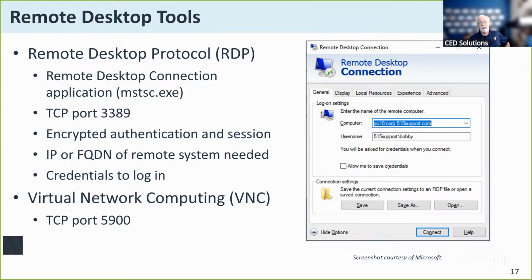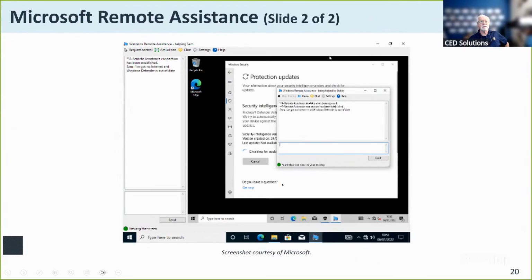When I take control of that system, it displays a screen for me. It looks much like this. Okay. So inside of this window on the right-hand side here is the user's desktop. Now, if I'm going to log into their desktop over this connection, of course, I have to have their credentials. The thing I like about it, too, is over on the left-hand side here, I can maintain an interactive chat with that user while I'm actually driving their computer system.